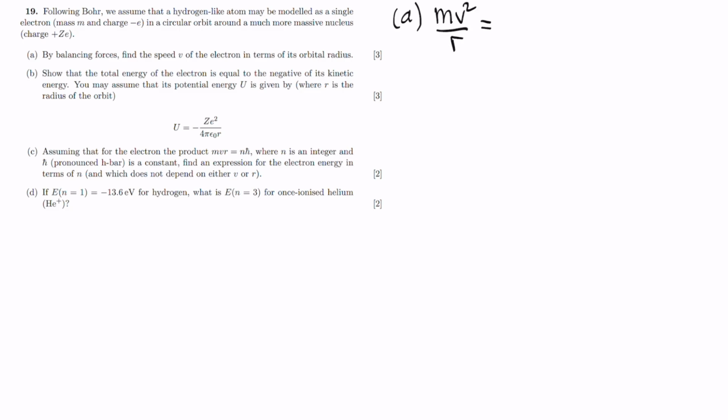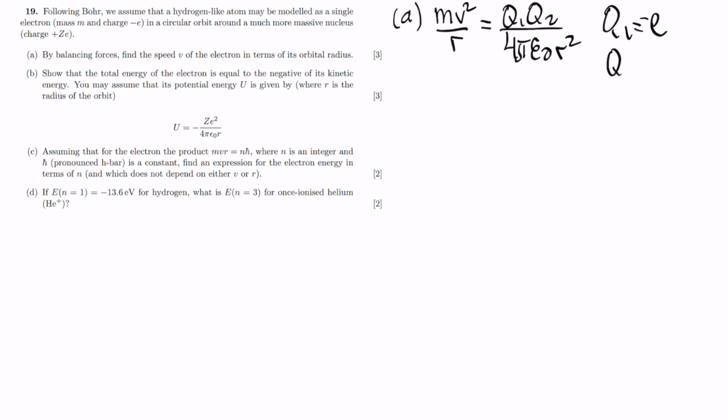And this here will be given by the total charge on them. So, let's say Q1 Q2 over 4 pi epsilon naught r squared. Now our Q1 is just equal to the electron charge, well, minus that.